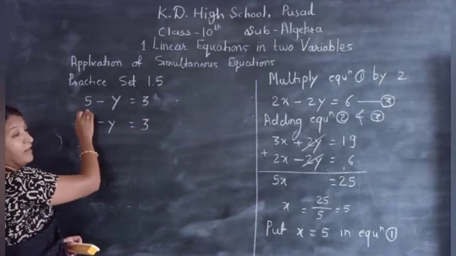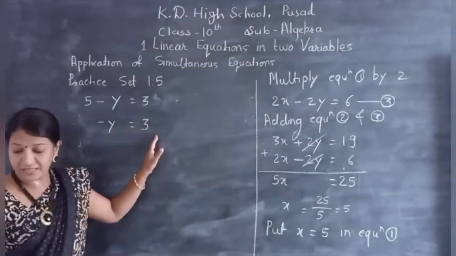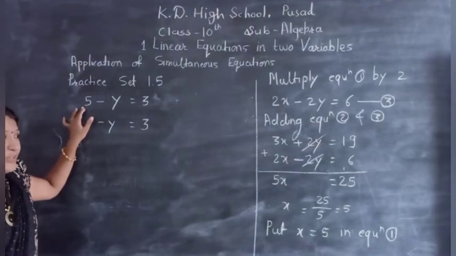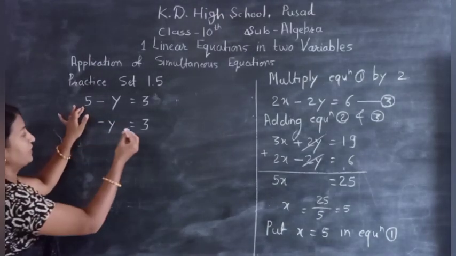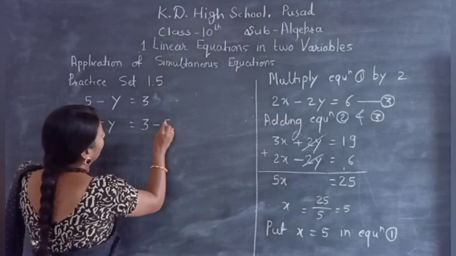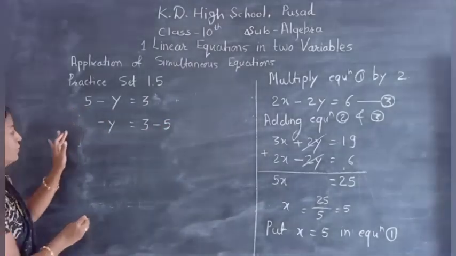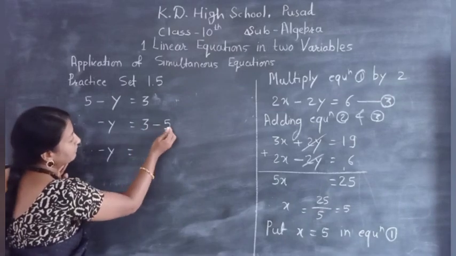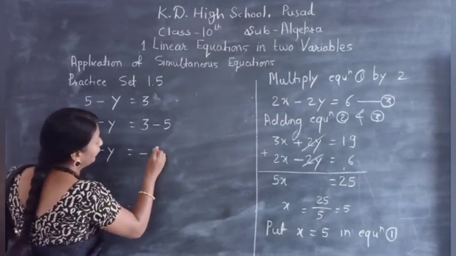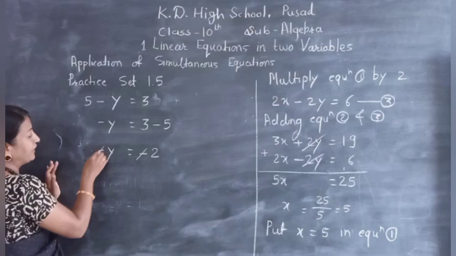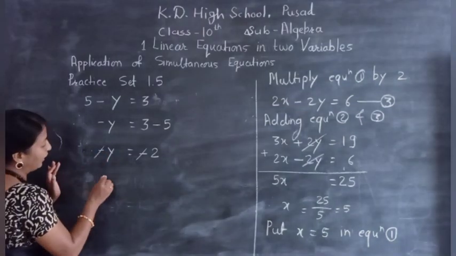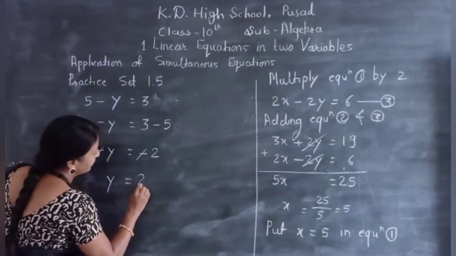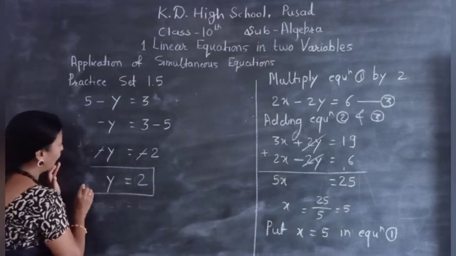Transfer this 5 to the opposite side. Here it is present in addition, positive sign it carries. It means when we transfer, it goes in subtraction. So, therefore, negative y is equal to 3 minus 5, that is negative 2. This negative sign gets cancelled from both sides and we get the value of y is equal to 2. So what we have to find?